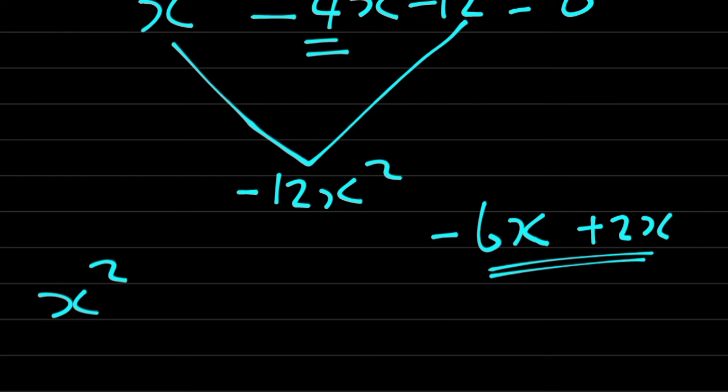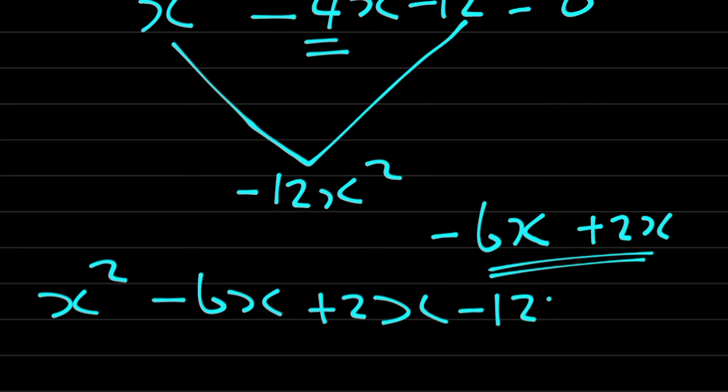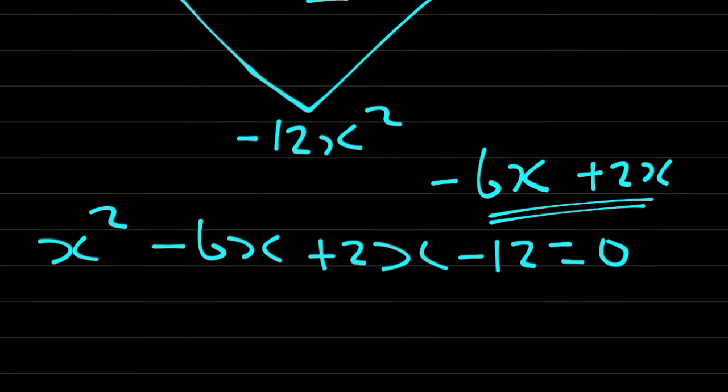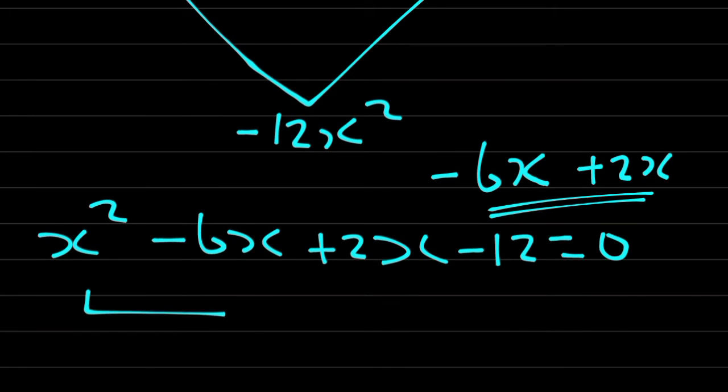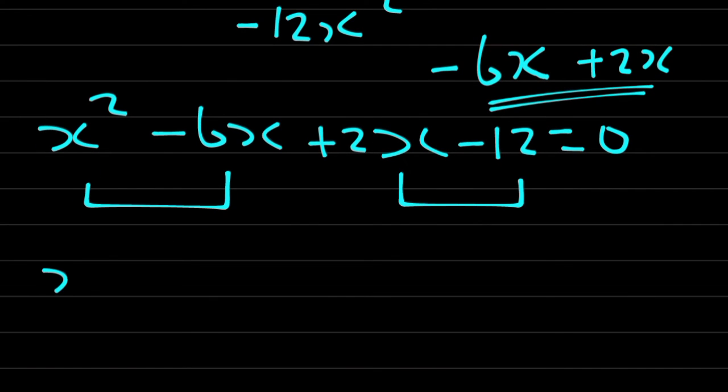Therefore, we have x squared minus 6x plus 2x. You can write anyone first. You can as well write plus 2x minus 6x. Minus 12 is equal to 0. So let's factorize this and this and this and this. X is common. X into bracket x minus 6. Then plus 2 is common between 2x and minus 12.